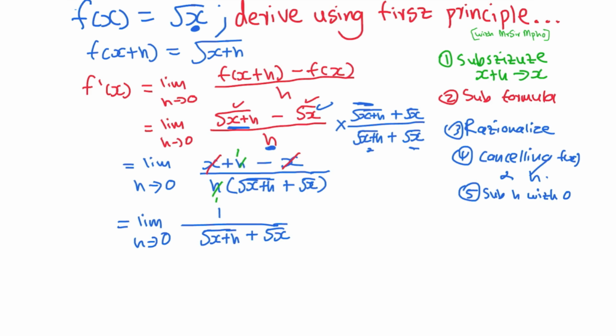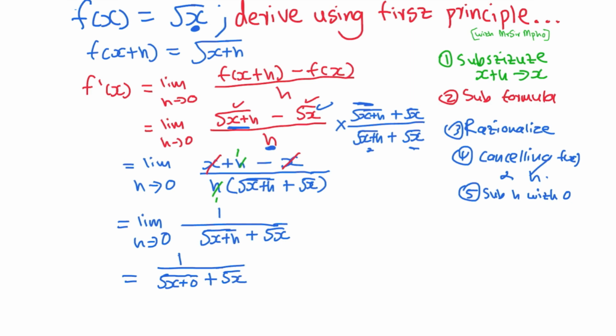All the time, even if it's not the square root of x, even if it was another question, after cancelling the h in your denominator, substitute your remaining h by 0, and when you do that, eliminate this lim. So you're going to just say equals, we no longer write the lim because now h is 0, it's no longer approaching 0, right? So I'm just going to say 1 over the square root of x plus 0 plus the square root of x.